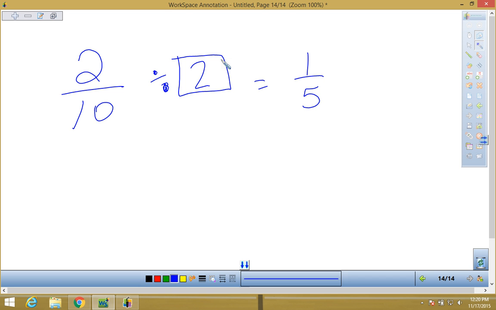It's the greatest common factor. You want to use the greatest common factor to divide the numerator and the denominator by. Otherwise, if you use something else that's not the greatest common factor, if you just use a common factor, then you're not going to get the fraction in the simplest form. Alright?